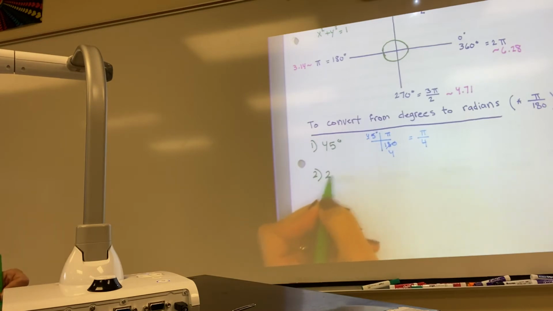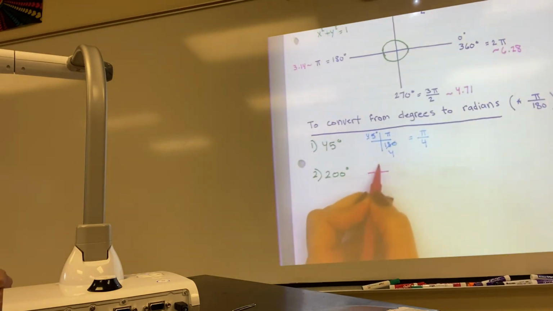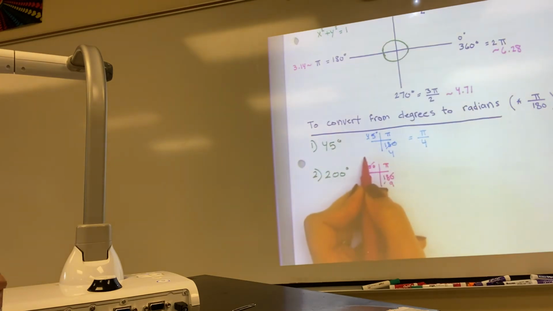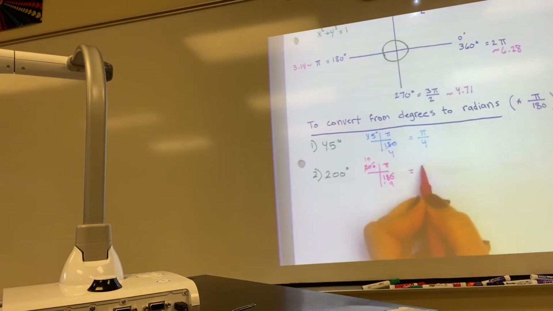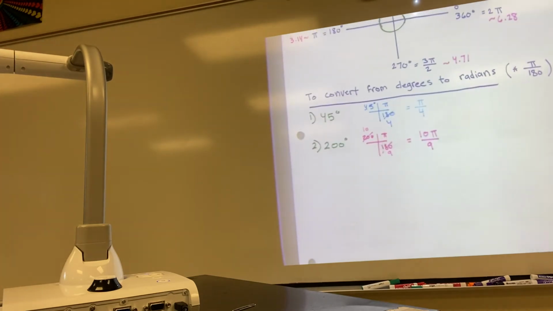Let's look at another one. We have 200 degrees this time. Again, take the 200 degrees, multiply it by pi over 180, and this will be reduced to a 9, this can be reduced to a 10, so your answer is 10 pi over 9. We'll look at one more example. It's a negative angle this time, but it shouldn't be a problem.